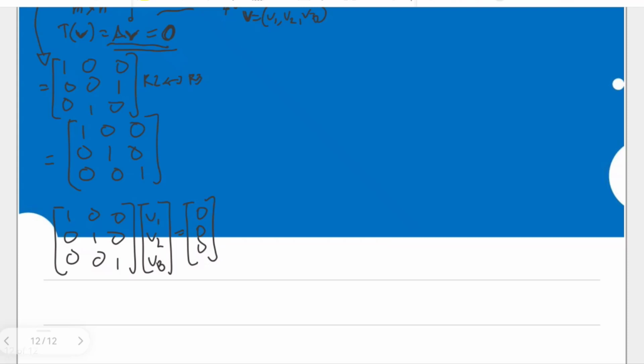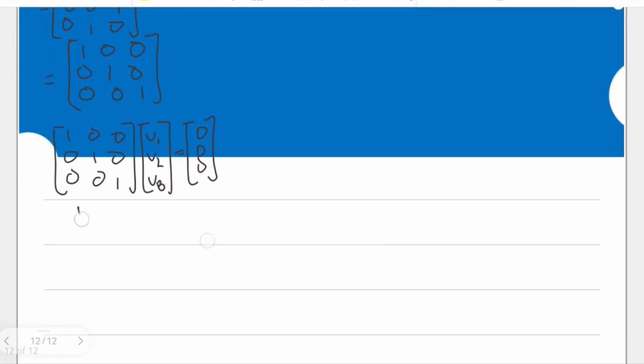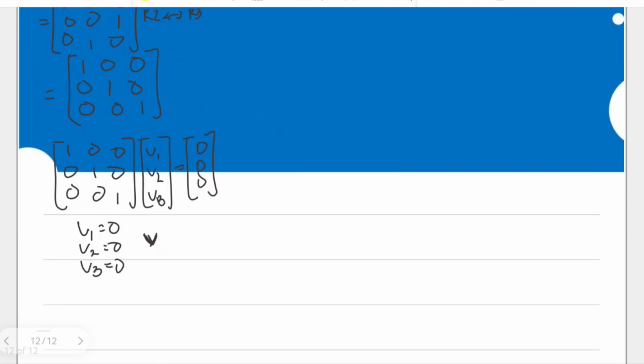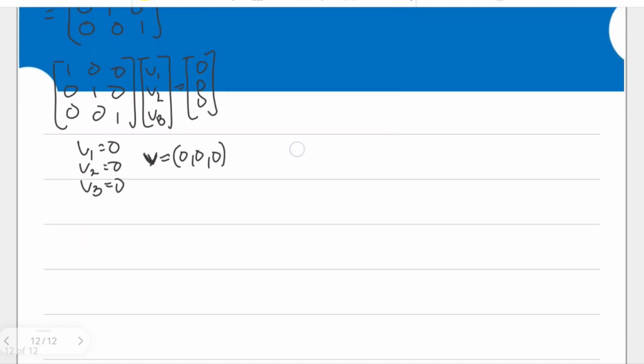Once you have your reduced row echelon form, you will get V sub 1 being 0, V sub 2 being 0, and V sub 3 being 0 as well. So the vector that satisfies the definition earlier is the zero vector in R3: 0, 0, and 0. And that vector V is the only element of the kernel of T. It's a set containing the zero vector in R3.